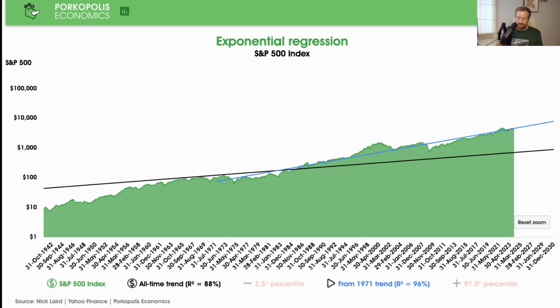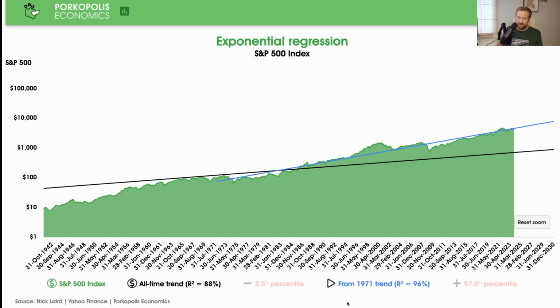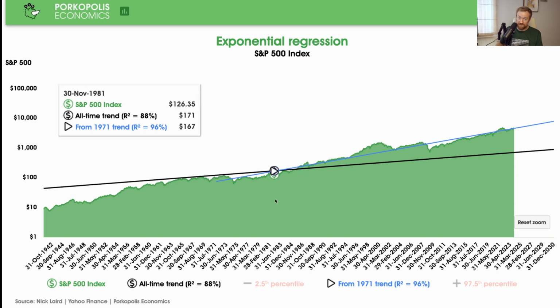All right. So that's a big difference. 3.4% on the black line year after year, whereas if you take the 1971 trend, your return will double basically twice as fast, 8.2% per year.